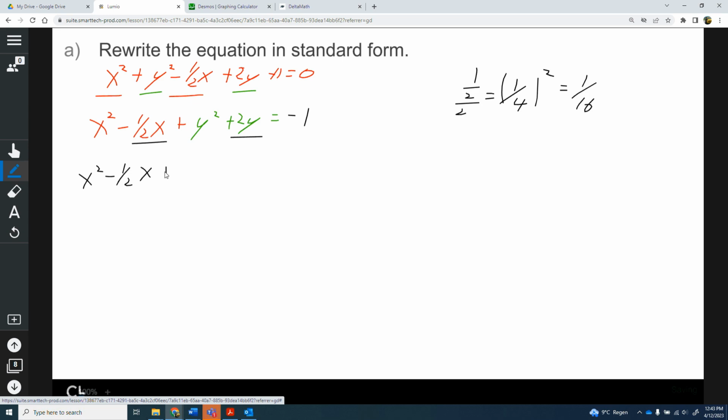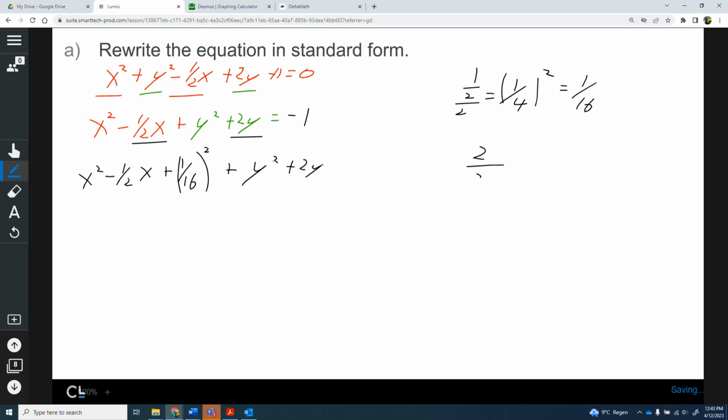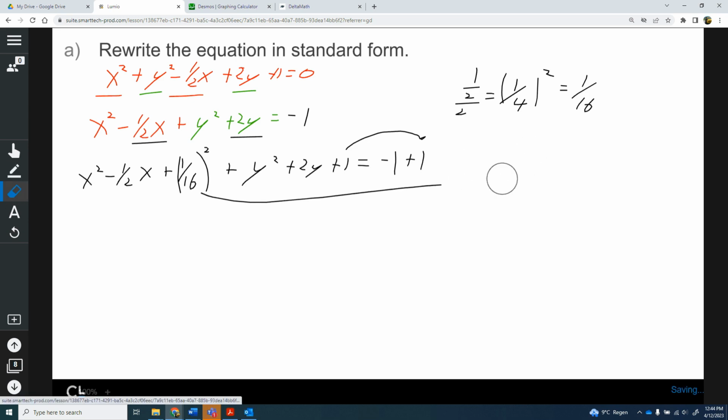So that's going to be a plus 1/16, quantity squared, plus y squared plus 2y, 2/2 squared, that's just going to be 1, equals, but then I can't forget to add, so I have -1 plus 1, because that's this one, and then I'll draw an arrow, that's this one, and then I've got to add the 1/16 squared.